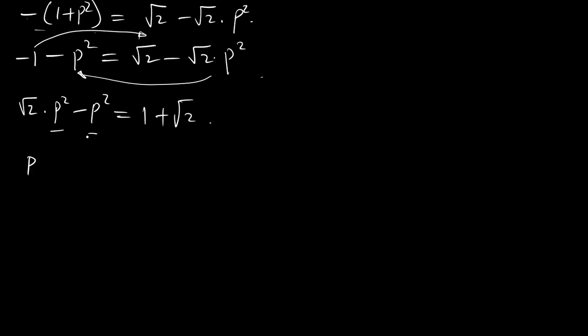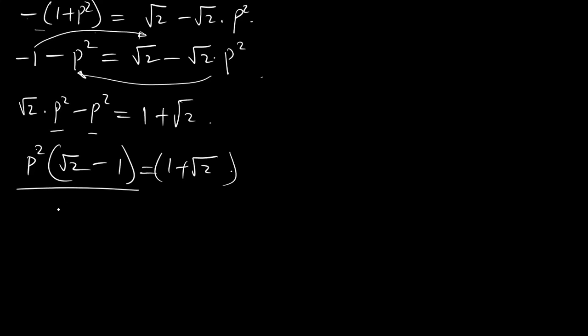Now there is a common factor. You now factor it out. So you have p square, bring it out. You now have square root of 2 minus 1 equal to 1 plus square root of 2. Now dividing both sides by the square root of 2 minus 1, this will cancel out.